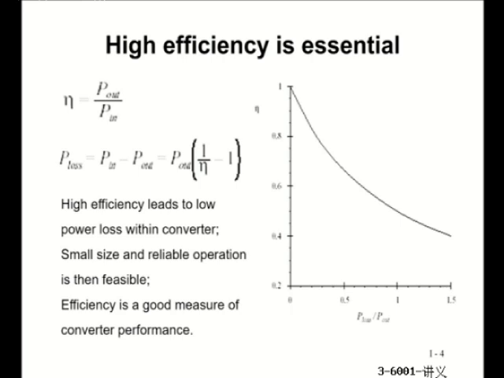So the larger size to dissipate heat, maybe with the help of the heatsink, makes the volume, weight and size of the power converter larger. If you are able to reduce power loss, then the heat you need to handle is going to be smaller, and therefore the size and weight of the power converter can be made much smaller.